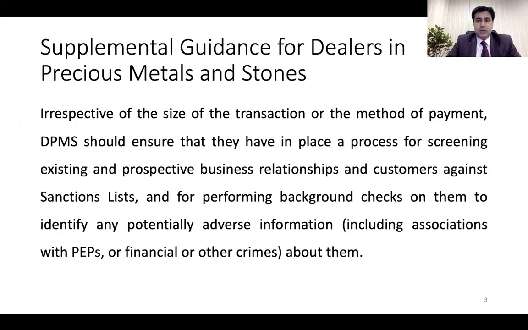I'll take your attention to one more document, which is a supplementary guidance for dealers in precious metal and stone, which says very specifically, irrespective of size of the transaction. Although you are a DPMS, that means you are doing a transaction of more than 55,000, single or multiple, that means you are a part of a DPMS.